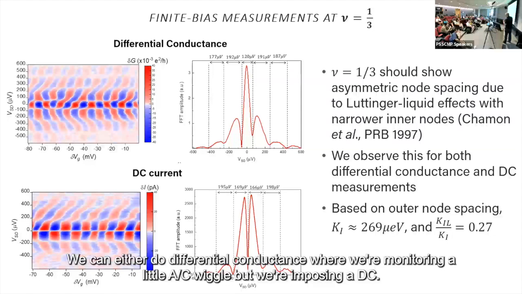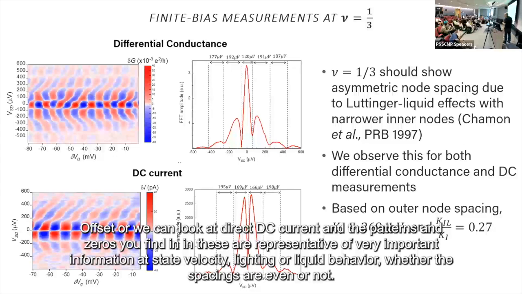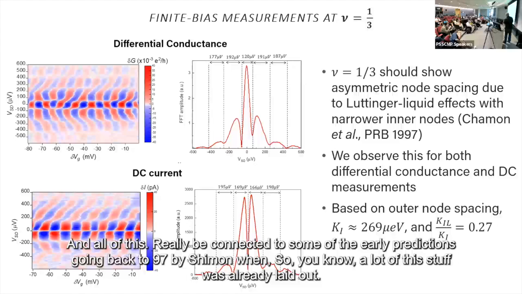We can either do differential conductance, where we're monitoring a little AC wiggle but imposing a DC offset, or we can look at direct DC current, and the patterns and zeros you find in these are representative of very important information: edge state velocity, Luttinger liquid behavior, whether the spacings are even or not, and all of this can really be connected to some of the early predictions going back to 97 by Chamon, Wen, Freed, and Kivelson.